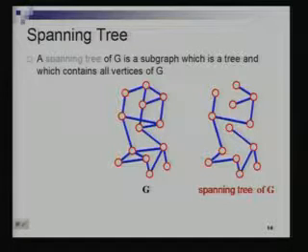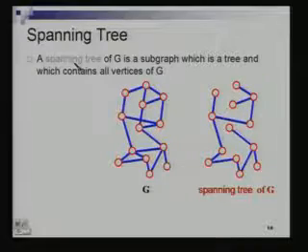Okay, so more terms. Spanning tree. A spanning tree is a subgraph of a graph, and this subgraph has to be a tree, and it should include all the vertices of the graph. So spanning tree has two words: tree, which means the subgraph has to be a tree, and spanning, which means it should include everything.